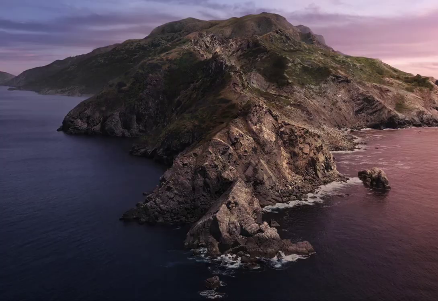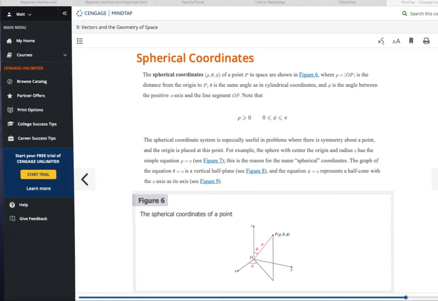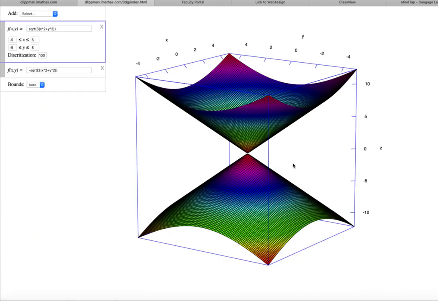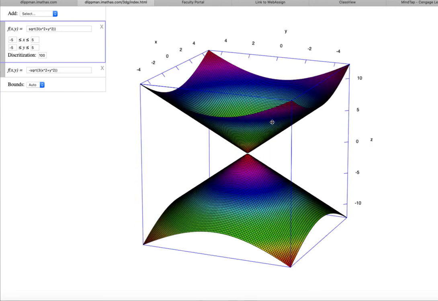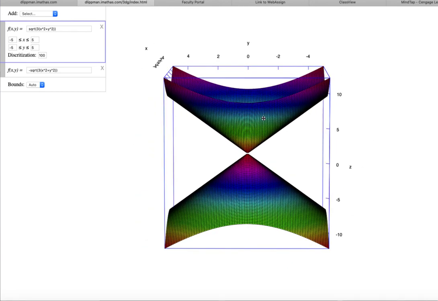And so again, let's just go back to our picture right here. There we go. So there, if you go pi over 6 from the positive z-axis, you get this, and then if you go 5 pi over 6, you get that.